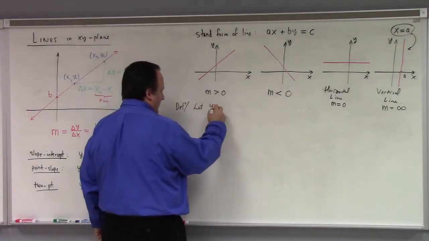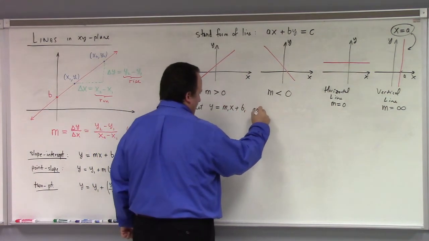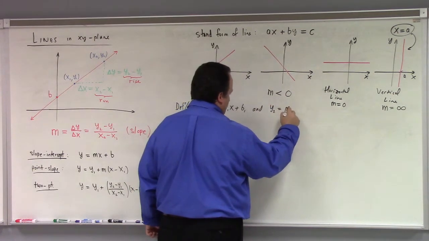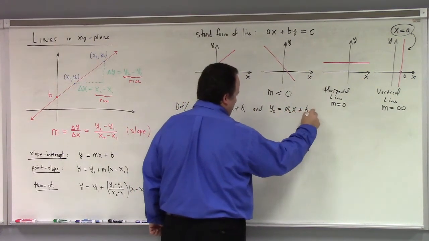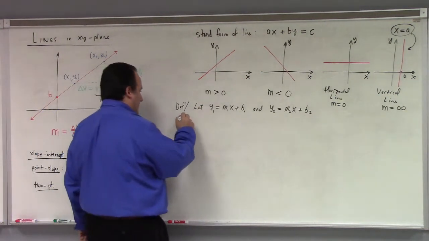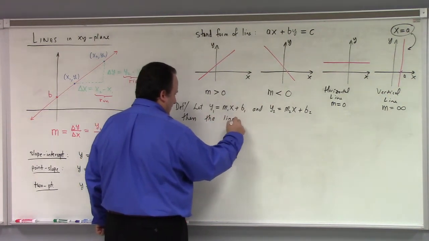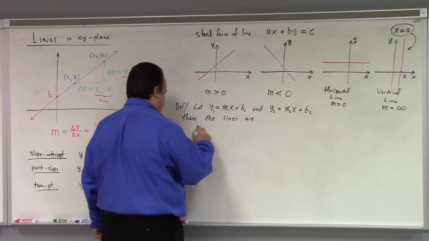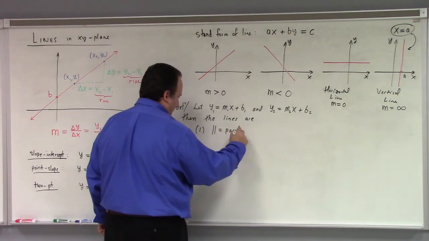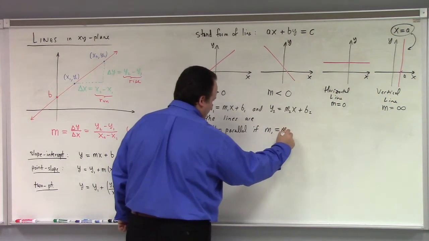Let y1 equal to m1 x plus b1 and y2 equal to m2 x plus b2. All right. So we have two lines, all right? Then the lines are, number one, parallel if m1 equals m2, right?